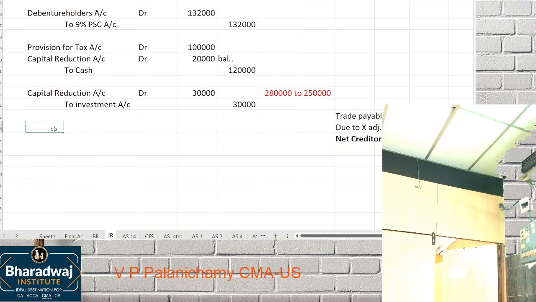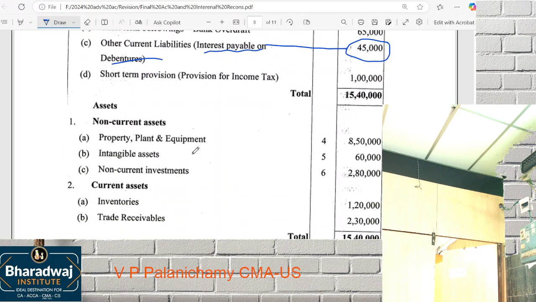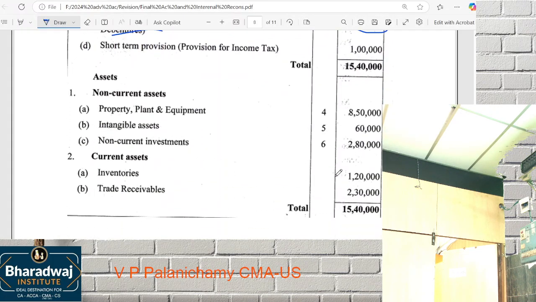So debit the receiver, creditors account debit, 80,000. Which one are they taking over? Look at the inventory value. What is the balance sheet value of inventory? 1 lakh.